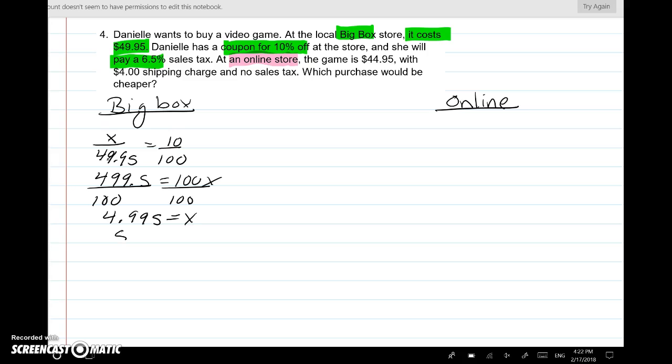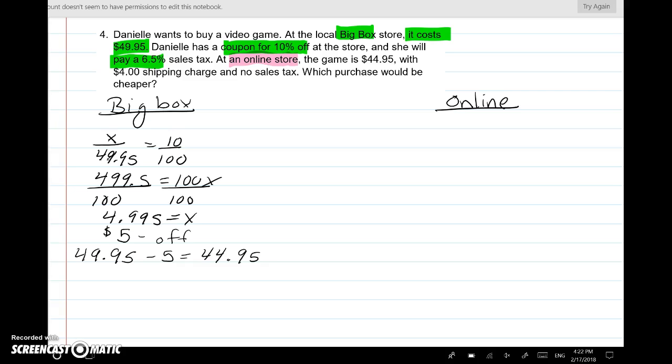I'm going to round that to $5. So she gets $5 off of the $49.95. 49.95 minus 5 equals $44.95. Let's make this look more like a 5 and not an S. I'm sorry that my S's look like 5s. That's just a little better.